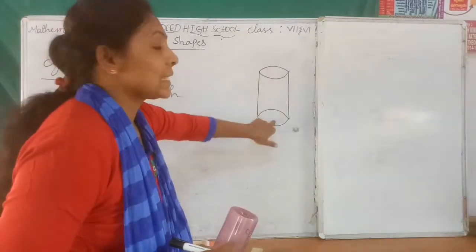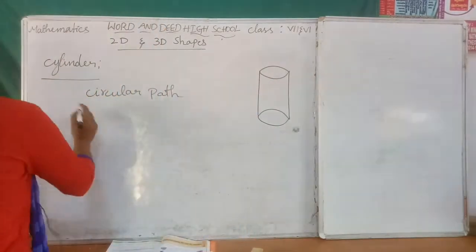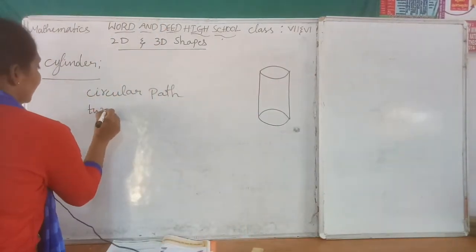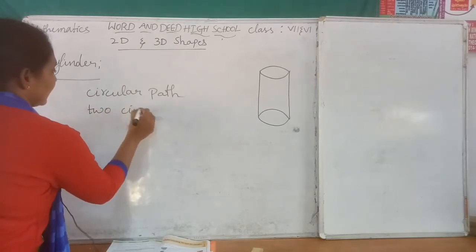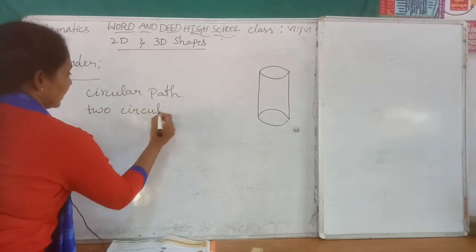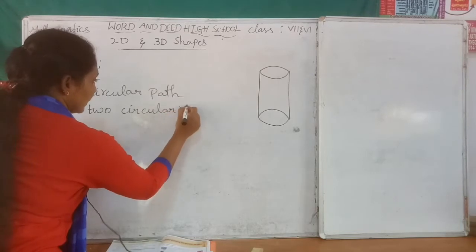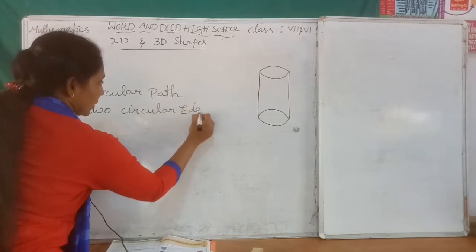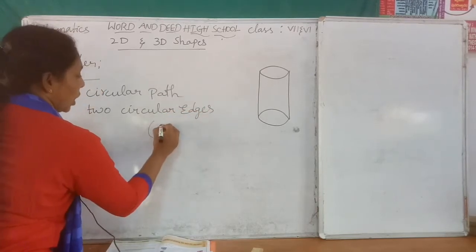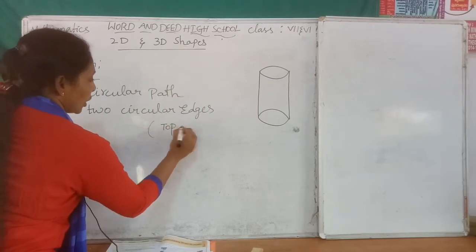Next, 2 circular edges. What are they? Top and bottom.